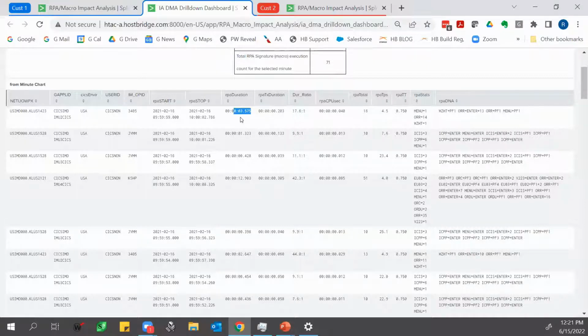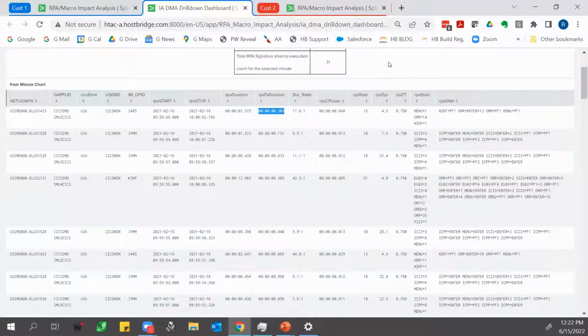But the interesting thing to note is that this activity that took 3.5 seconds under the covers of the mainframe only took 203 milliseconds. So let's just stop there. This is a business process, whatever it is, that the way it was orchestrated using a bot or a macro took 3 seconds.